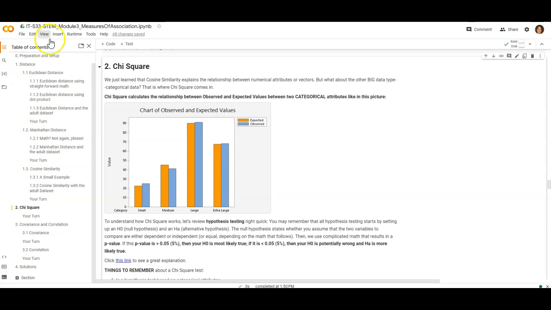But to do so, we need our chi-square algorithm. Chi-square calculates the relationship between observed and expected values, but for that we need two categorical attributes. So basically here we are looking at things like small, medium, large, extra large as categories, and then we're looking at the differences between the expected values, here shown in yellow, and the observed values.